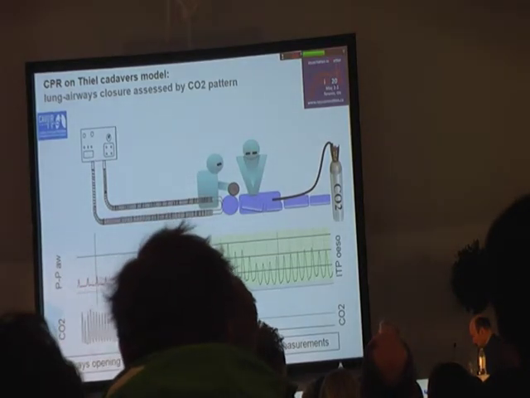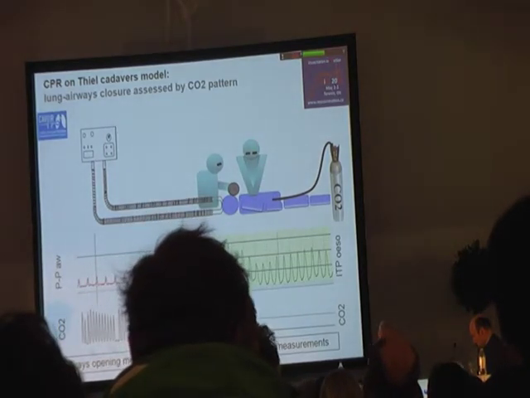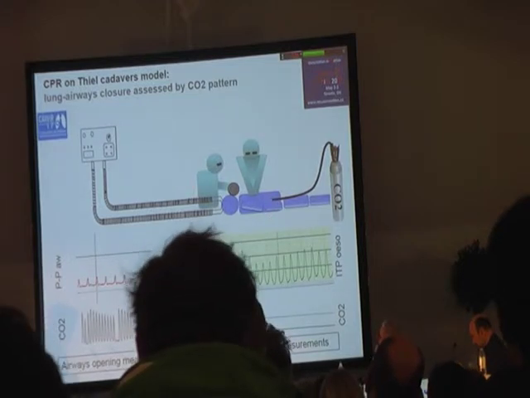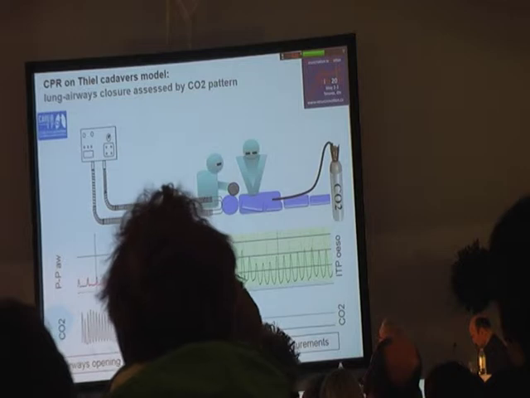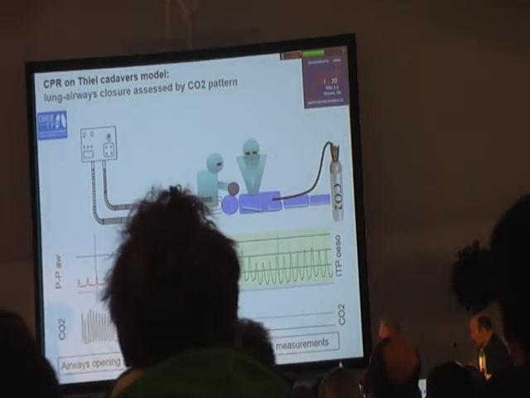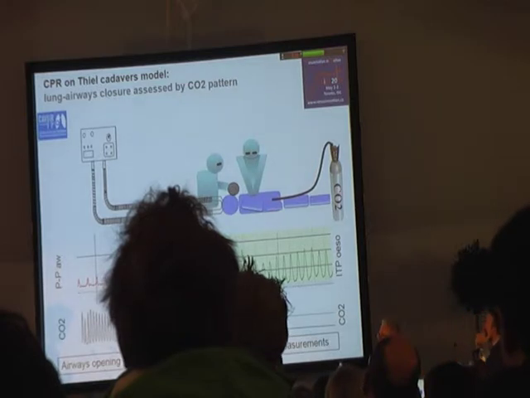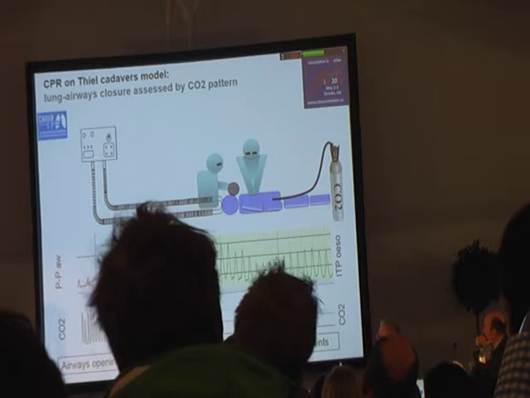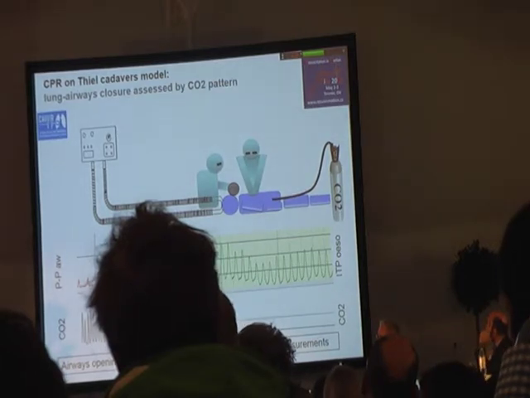This cartoon explains exactly what we did on this model. This is a resuscitation on the corpse, and we had the idea to put into the cadavers some constant insufflation of CO2 as a surrogate of circulation.